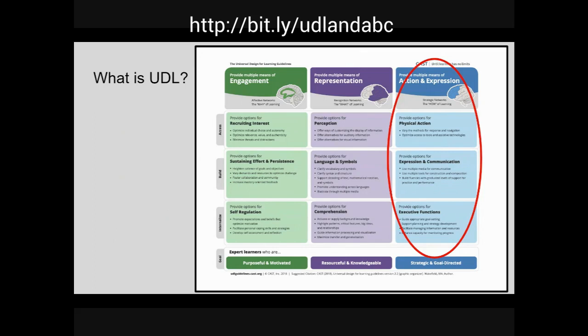Or how can we promote access to materials by representing the material differently, maybe by using symbols or different text or different fonts or colored backgrounds or decreasing the visual clutter? And lastly, this last column that this presentation is really focused on is how can the students demonstrate their knowledge with their strengths and needs in mind?